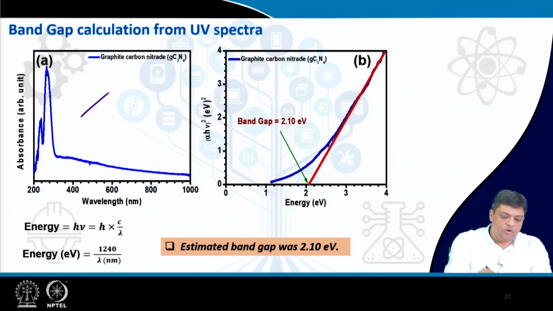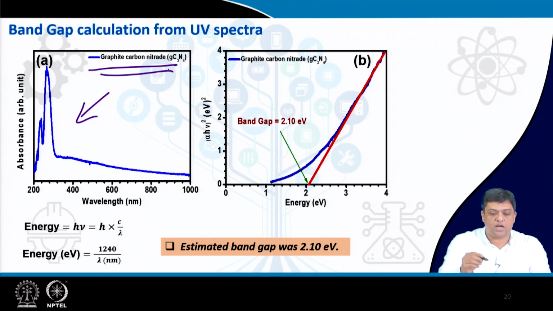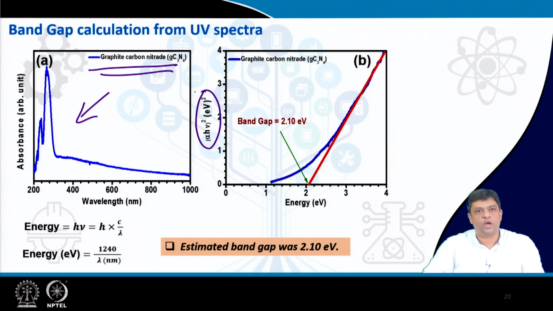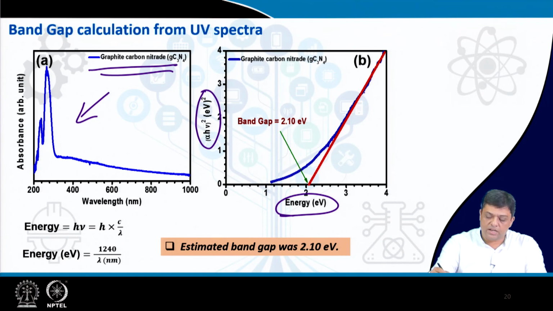This is the data you have obtained for, let us say, graphitic carbon nitride. Then you plot alpha h nu whole square as a function of h nu energy, you get a plot, and then this is the linear region which is shown in the red solid line.